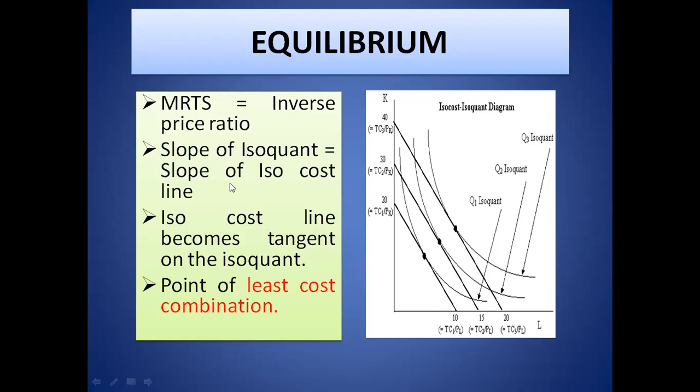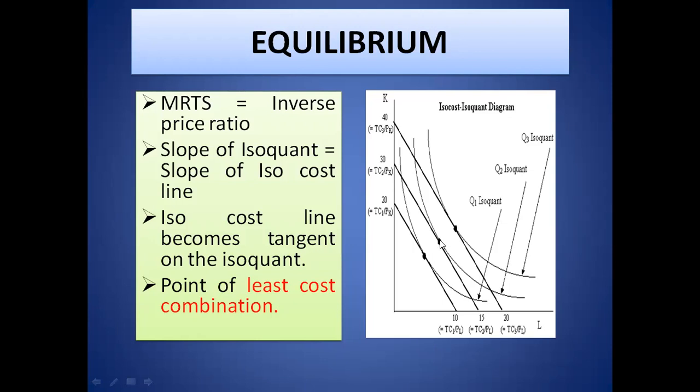That point is where the isocost line becomes tangent to the isoquant. Tangent means it just touches the curve. See here, for Q1 this is the point, where the first isocost line just touches the isoquant.